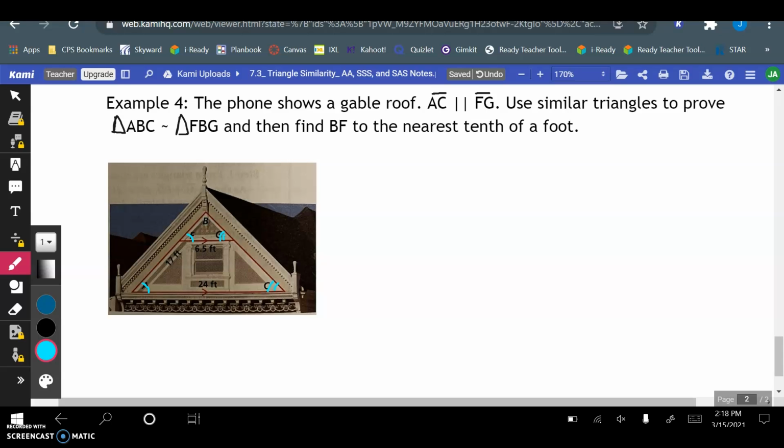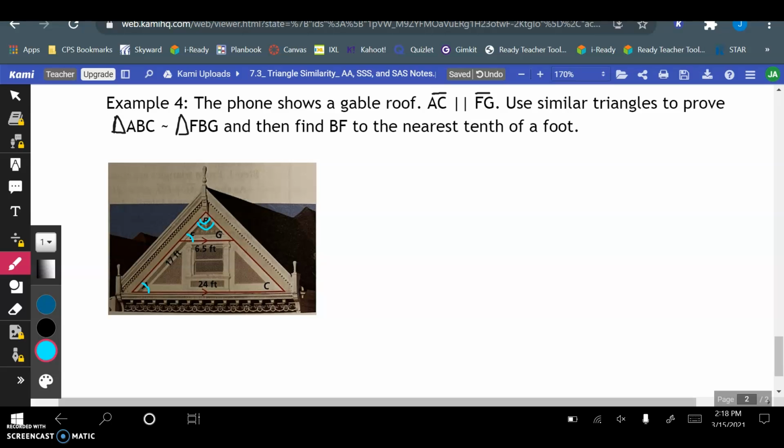And then since this is all inside of one larger triangle, the little triangles inside of the larger one, angle B is the same. So we're not going to work with this pair over here, but we do know that they're the same. So two angles out of the triangles are congruent.